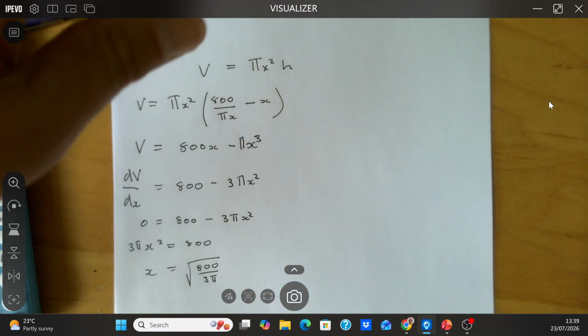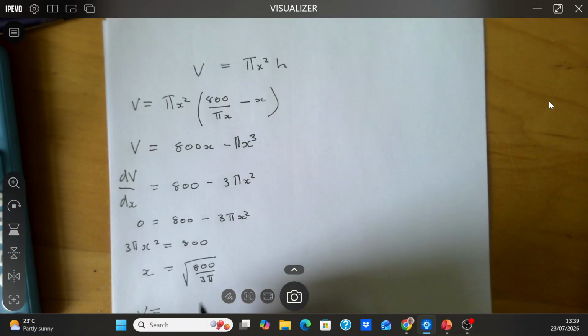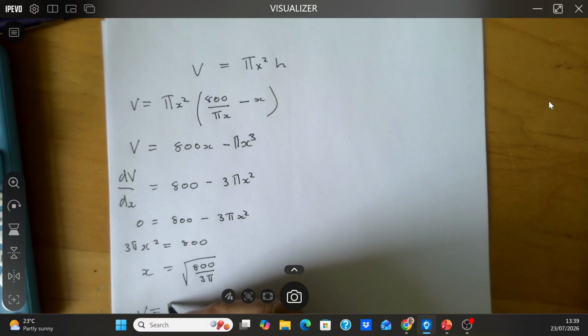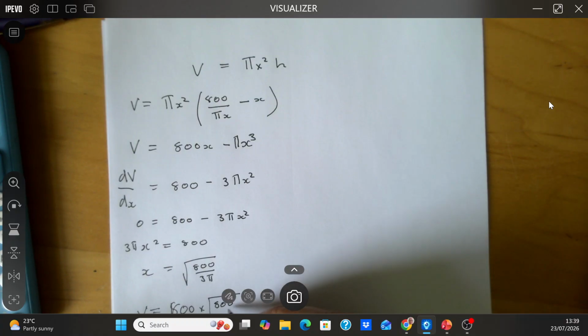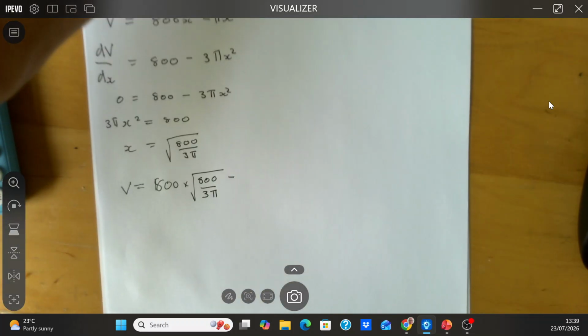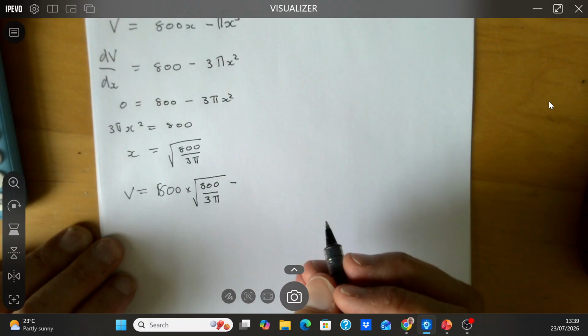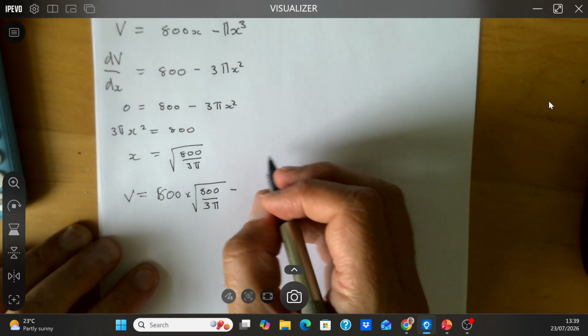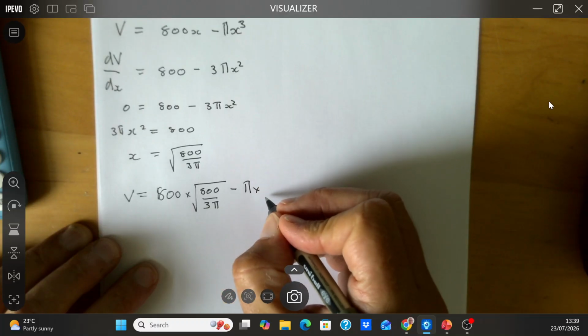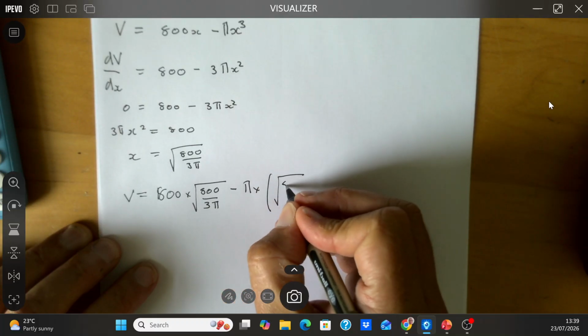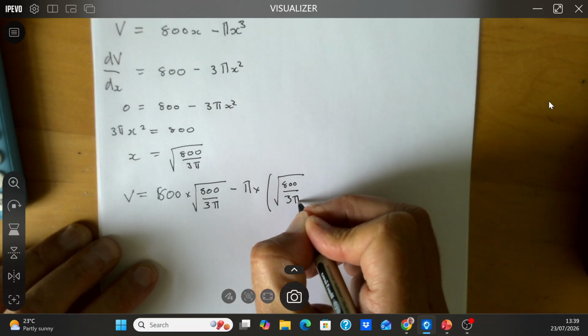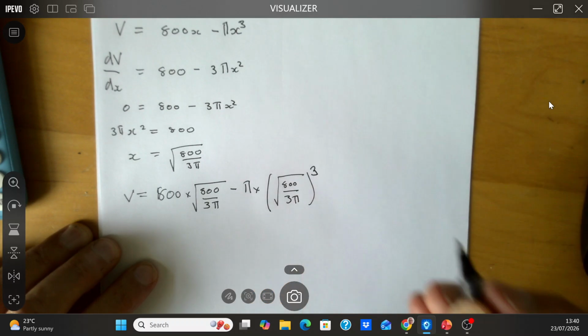Using x and the formula from above, I can work out the volume. So V equals 800 times the square root of 800 over 3 pi, take pi times the square root of 800 over 3 pi, cubed.